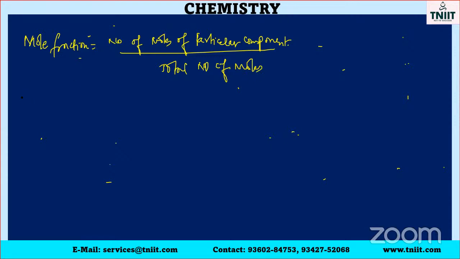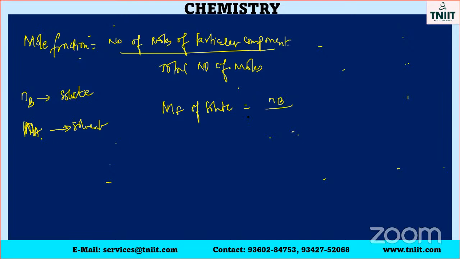For example, if we say the number of moles of solute is NB and the number of moles of solvent is NA, then what is the mole fraction of solute? It will be the number of moles of solute, NB, divided by the total number of moles, NB plus NA.